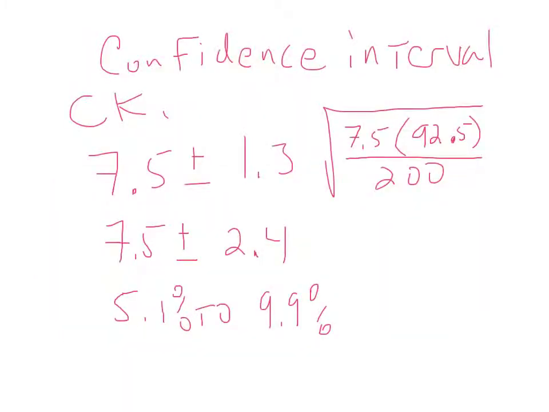So just as a check on all this, I decided I was going to do a confidence interval, and since they told me to use a 10% level of significance, that becomes a two-tailed situation where I have 10% up here, 10% up here, which is 80% in the middle.